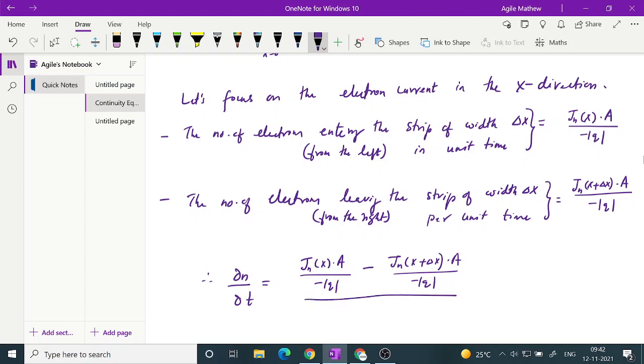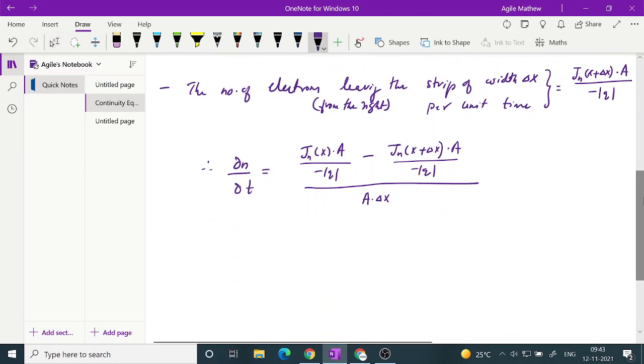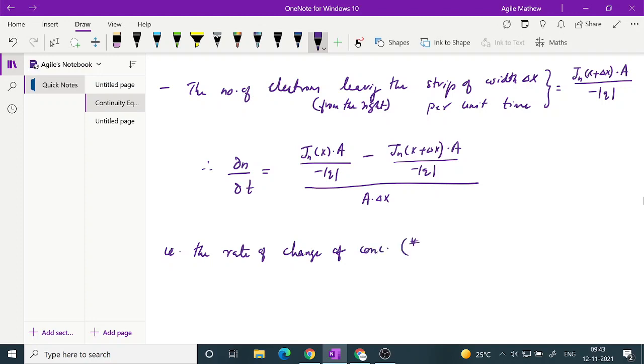So I must divide this with the volume of the strip. So that is A into delta x, because I have on the left hand side n, which is concentration, or the rate of change of concentration. What is concentration? Number per centimeter cube.